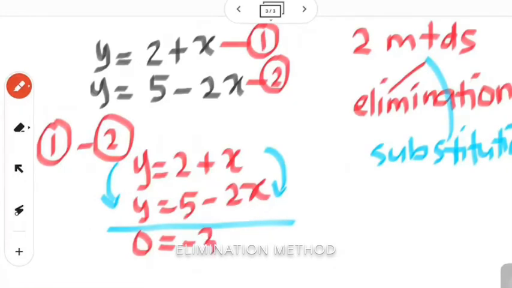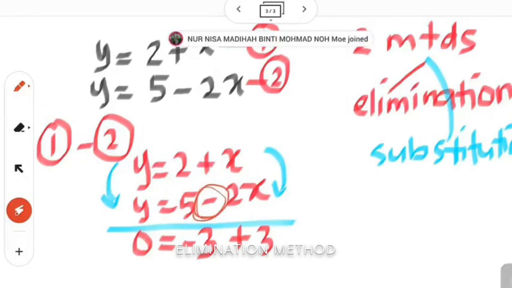Now x minus minus 2x. Ada 2 kali minus. Kalau you tak nak confuse, tak apa. Tulis balik ni. X ni tulis tambah x. Takut terkeliru kalau tersilap.